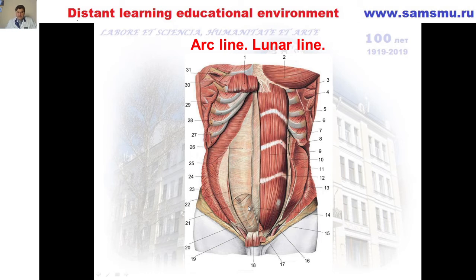The posterior aponeurotic wall of the sheath terminates here. You may see the terminal line, as a rather sharp crescentic margin called the arcuate line, like an arch.